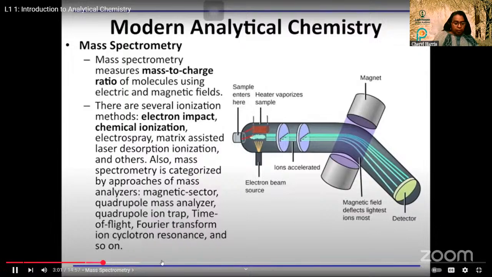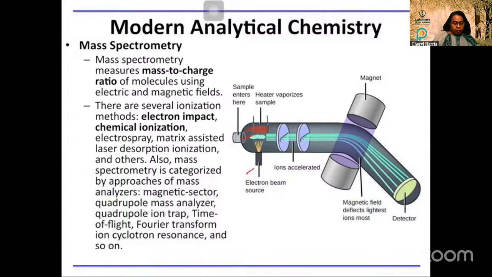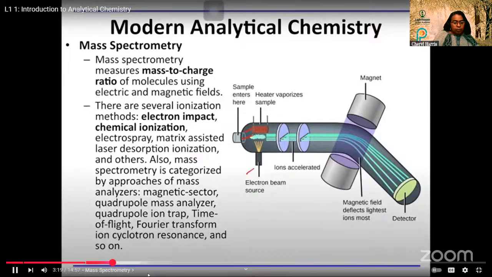So here is your electron beam. This process breaks down the molecule into smaller fragments of itself, which are then accelerated through this quadrupole by an electromagnetic field. The fragmented ions are caught by the detector, and the mass to charge ratio is recorded.